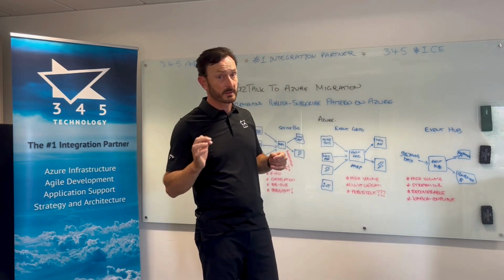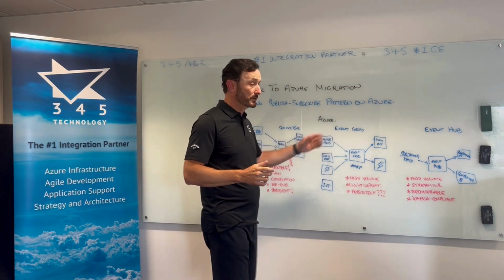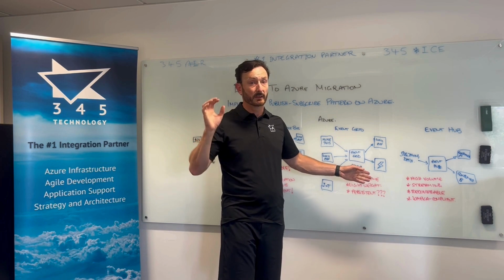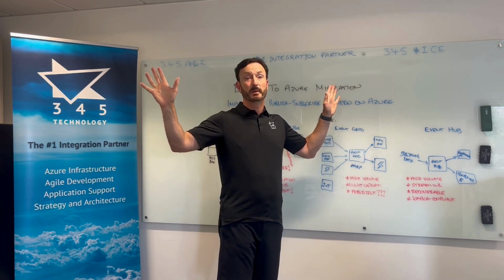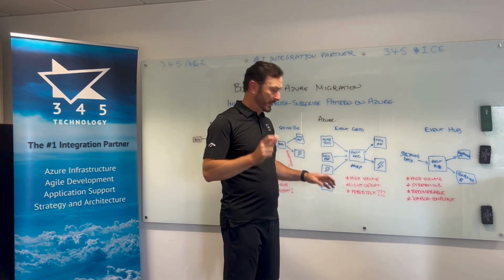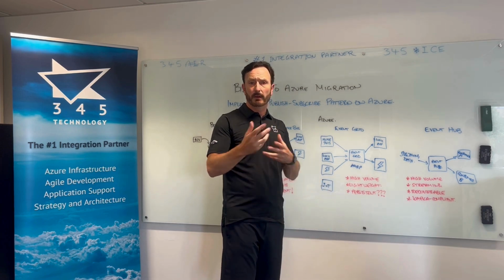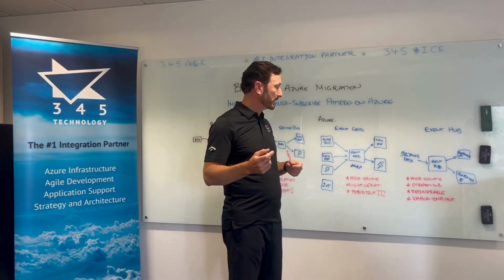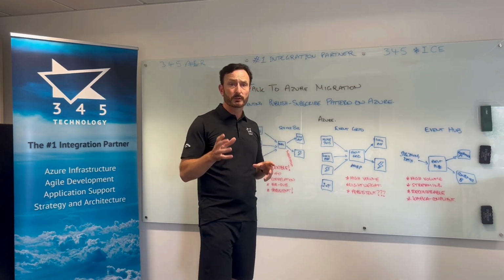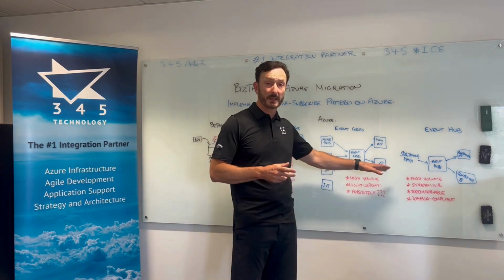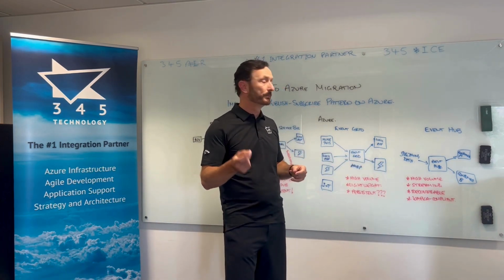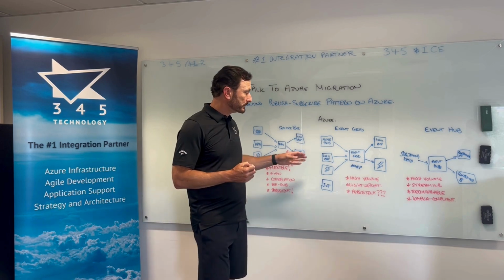That's how Event Grid started off. So you could raise an event to Event Grid. If nothing else was listening, that event disappeared. Since then, it's become persistent. So there are persistent options for Event Grid. So it's much more usable for scenarios where the downstream system might not be available, and that kind of thing.